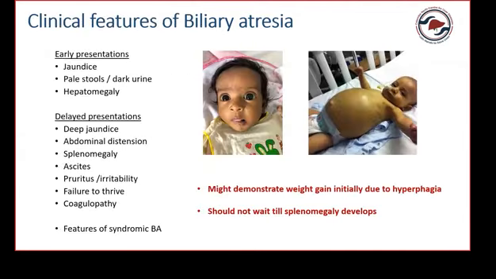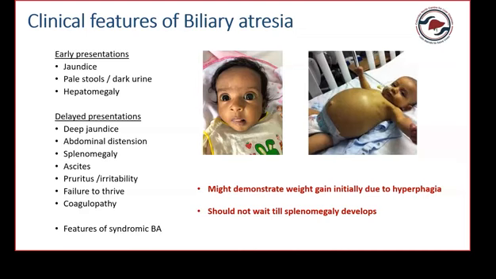Let's now look at the clinical features of biliary atresia. I would like to classify them as early presentations and delayed presentations. The baby would have jaundice, pale stools, with or without dark urine, and hepatomegaly is quite an early feature.